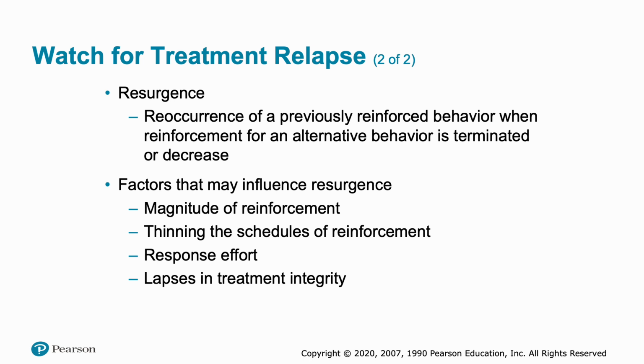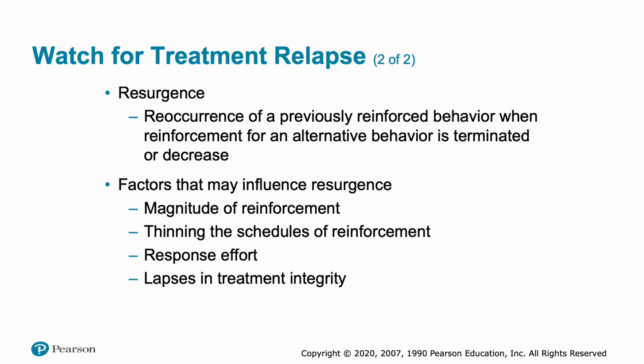If you recall in the extinction presentation, there's a small jump in the graphs where the behavior has previously stopped occurring, and then it begins occurring again. As long as you remain consistent with your implementation of the intervention, you should see that behavior go back down to 0. But if you don't train the different people in your environment, and that behavior starts to contact reinforcement again, that behavior is going to go up again.